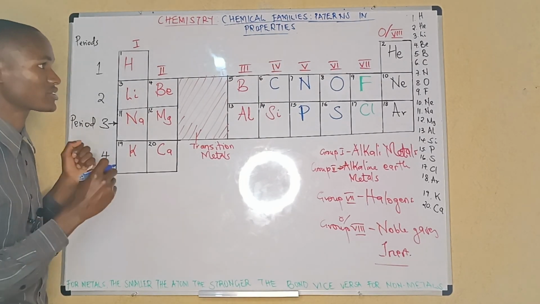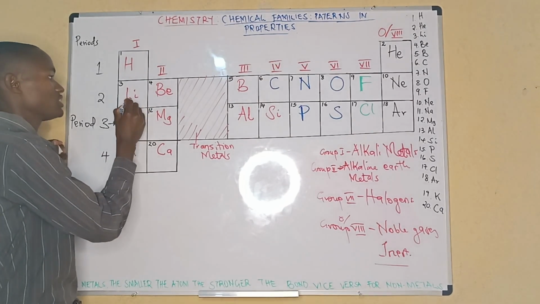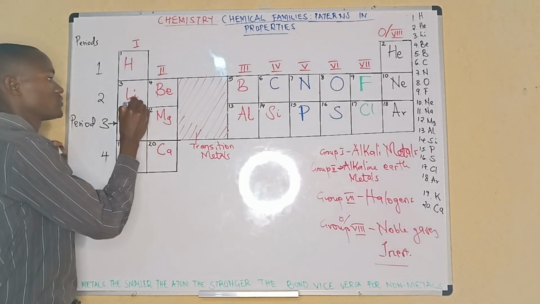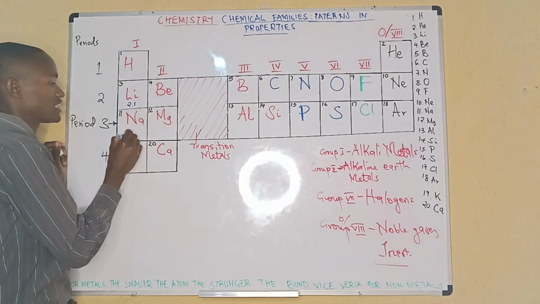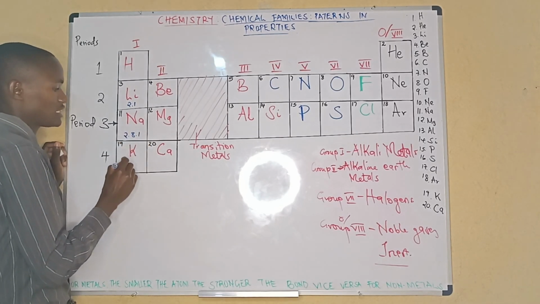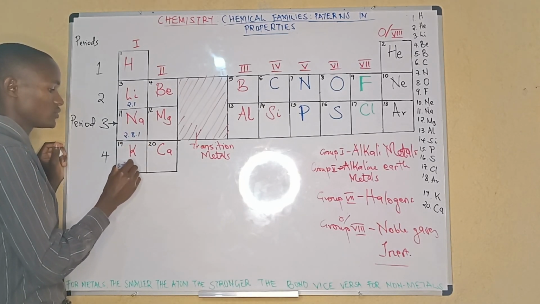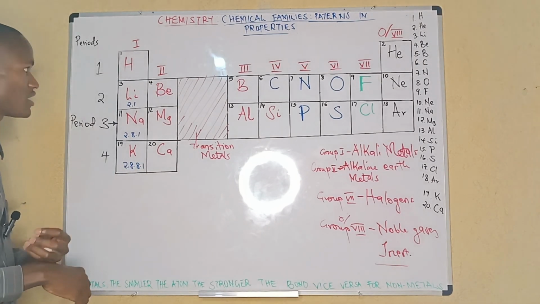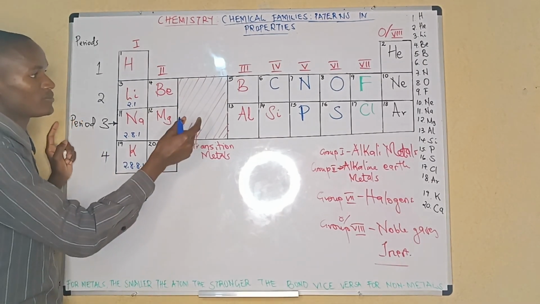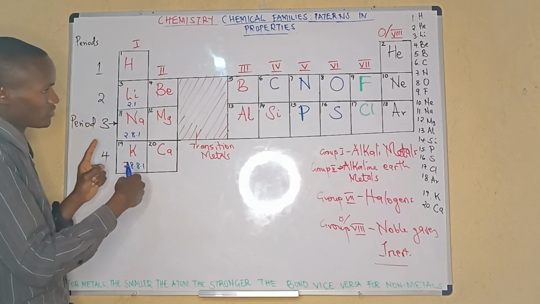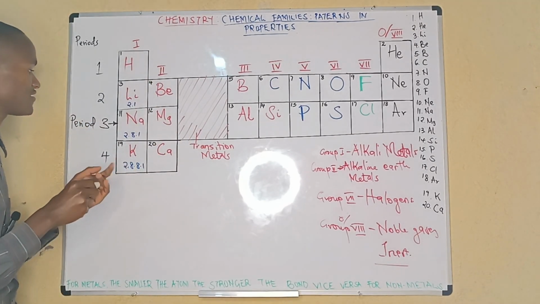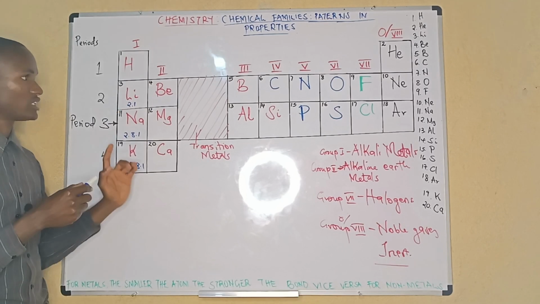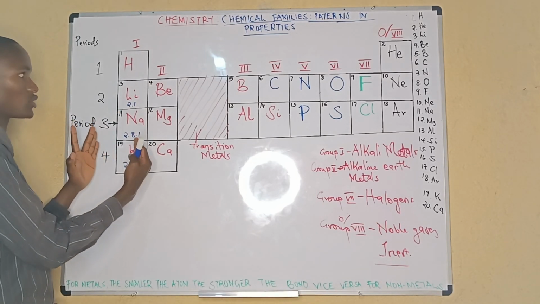Lithium has a configuration of 2,1, sodium has a configuration of 2,8,1, and potassium has a configuration of 2,8,8,1. They were plotted to be on the same group of the periodic table because they have one electron in the outermost energy level.